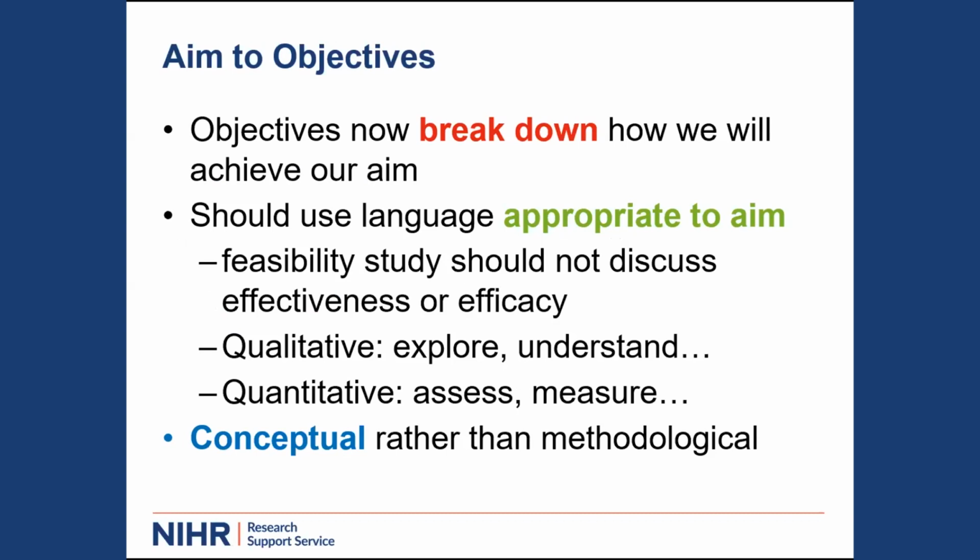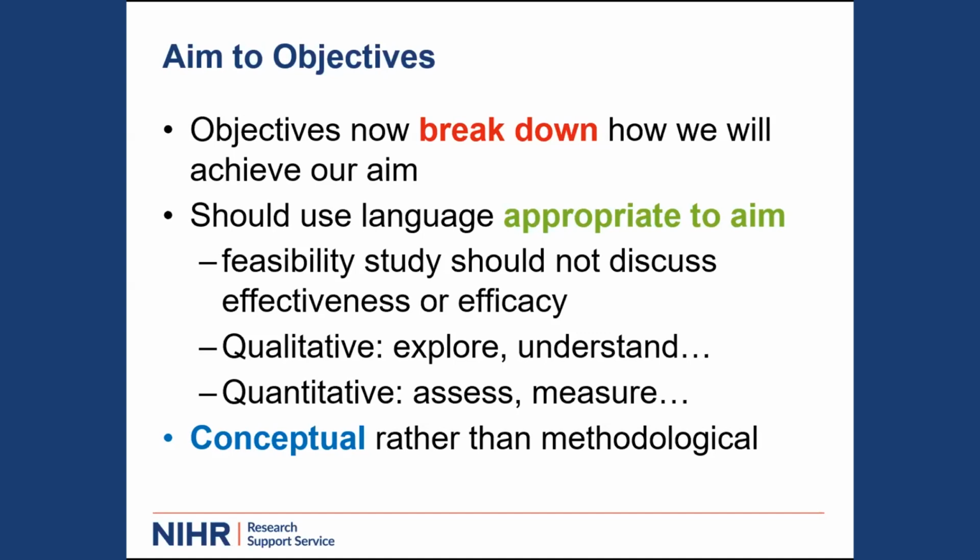You kind of think of objectives as your bones. So these are just outlining what the project is. And they want to capture the major milestones or the components of a study so that you're preparing the reader for what's going to come later on in the application and down into the project plan. So, for example, if you've got a nested qualitative study, you should probably highlight it as an objective.